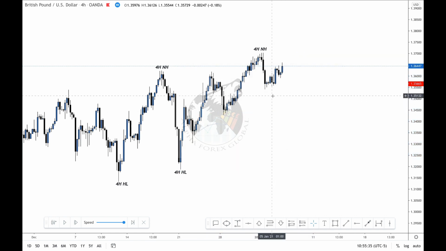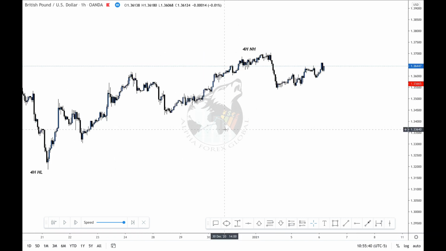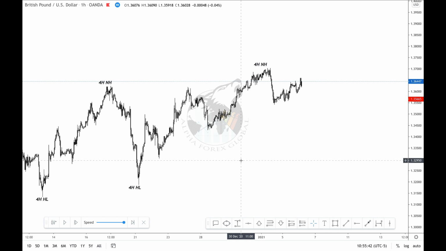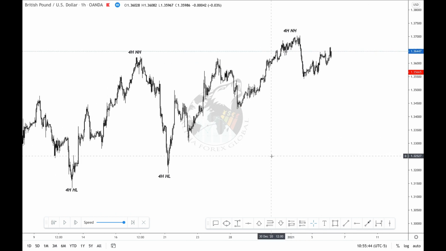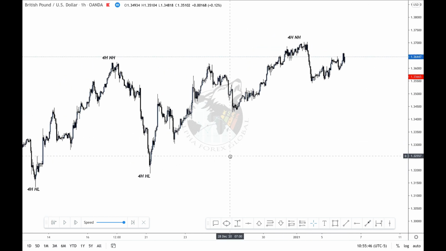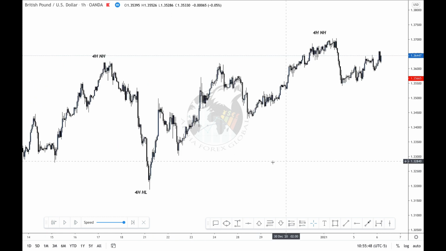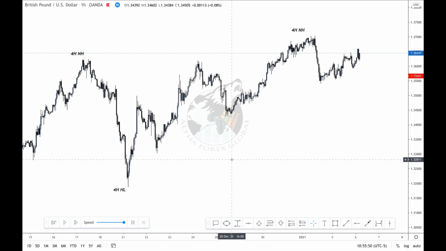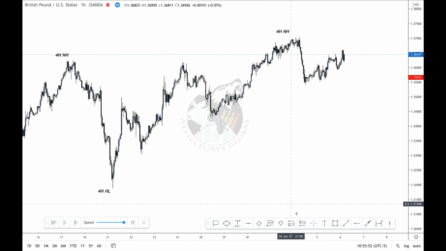Now let's analyze the 1 hour time frame, because we go into the intraday time frames, right? My intraday time frames are really like the 1 hour, 15 minute and stuff like that. So on the 1 hour time frame, I'm just gonna use a green box to identify the 1 hour structures, right?